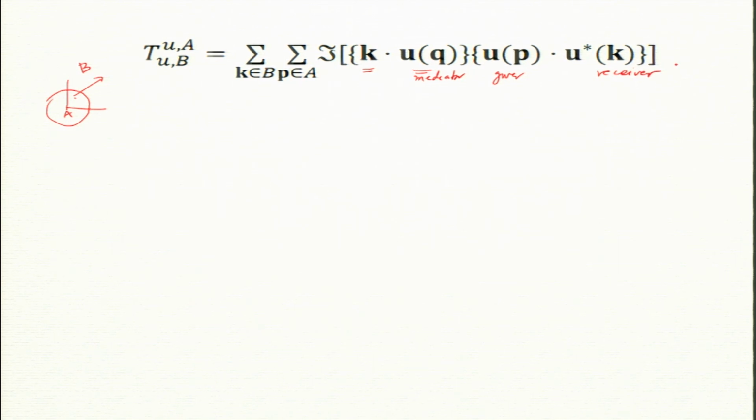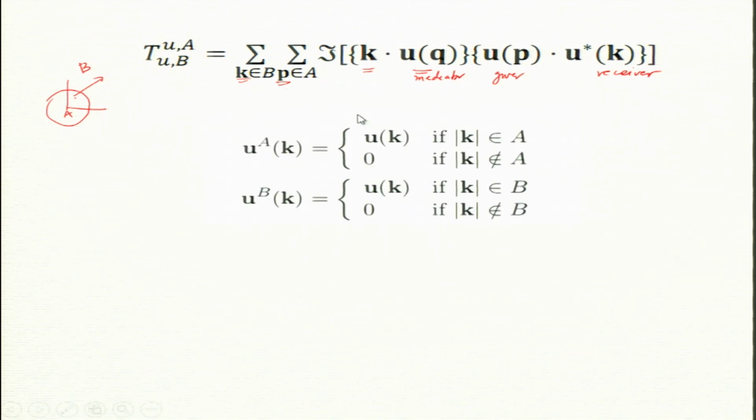Okay. So, we have a convolution here as well, k equal to p plus q, but remember p is a giver, lies in region A, and k is a receiver, lies in region B. Now, the giver is not all the wave numbers, the giver belongs only to region A. So, I construct a new velocity field, uA, which is uk if k belongs to A, actually not mod, if k is inside A, and 0 if k does not belong.